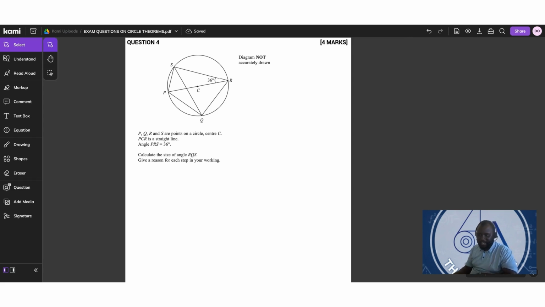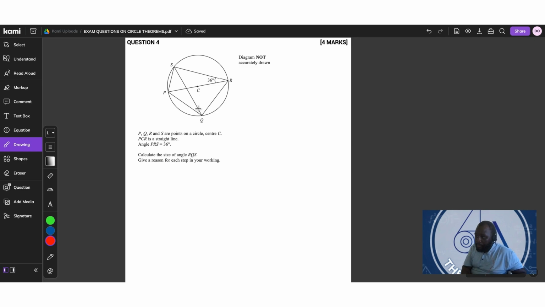Angle PRS is 36 degrees. We want to calculate the size of angle RQS. That will be that angle. That is the angle that we want to calculate.